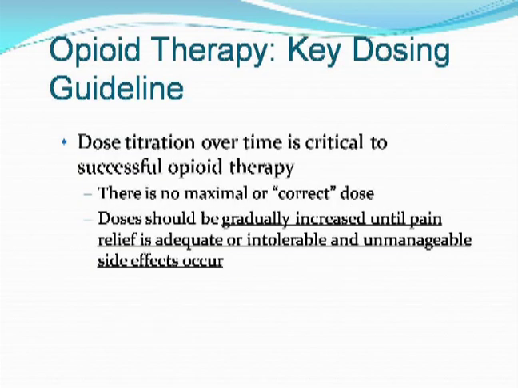Okay. So let's talk a little bit about some guidelines. You all know that where the rubber meets the road is individualization of the dose, right? All opioids work. People vary in how they respond from one to another. The only way you're going to know if a drug works is to titrate the dose. That's the key thing.